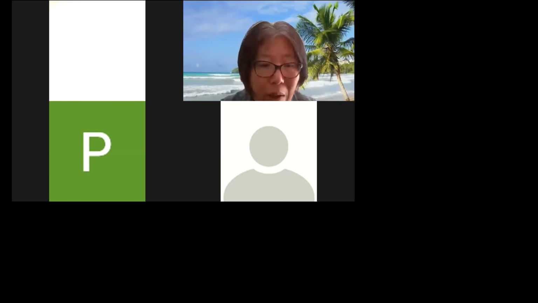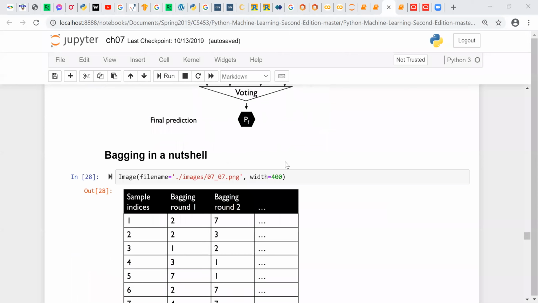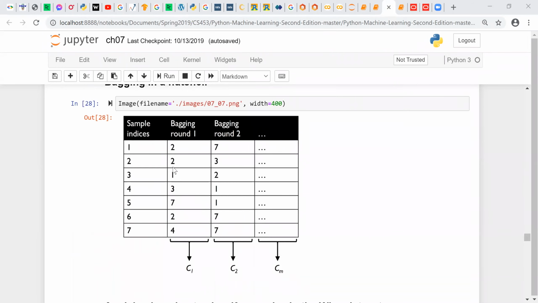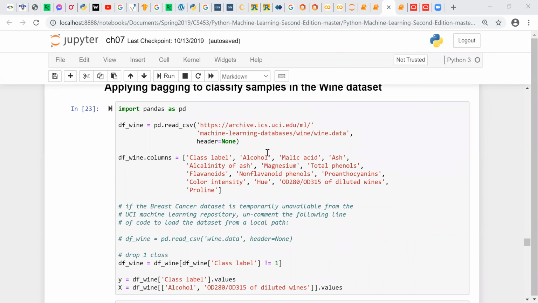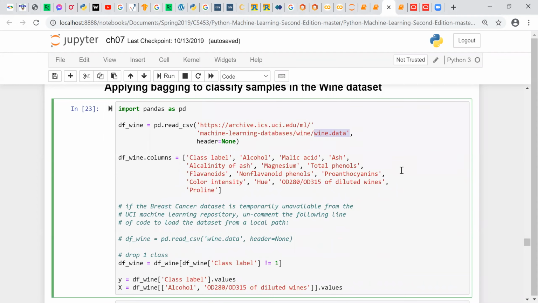And then let's take a look at the second example. Previously we already saw majority voting, and how to do bagging, bootstrap with replacement, we know that. Over here, the example is regarding the wine data, which we already saw applied in our previous learning methods.